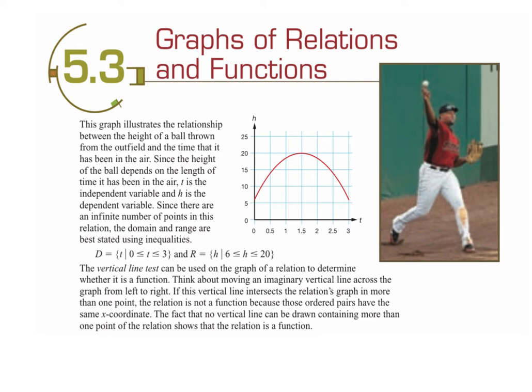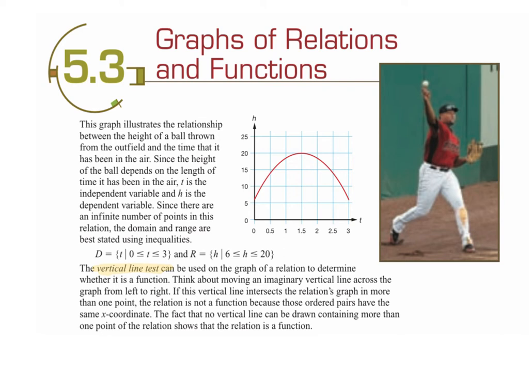One of the ways we look to see if this is a function is to ask: is there a one-to-one relationship? Sometimes it's hard to tell when you're looking at a continuous graph. One way to do this is called the vertical line test, which they mention in this paragraph. For a vertical line test, I should be able to draw a vertical line anywhere on this graph and cross it at most one time.